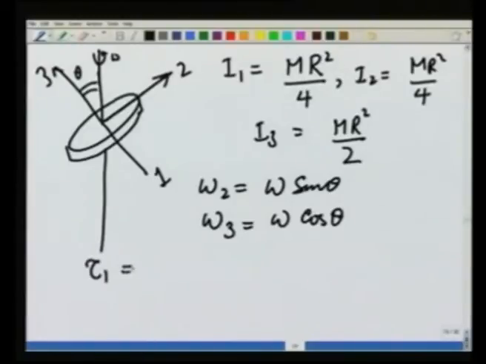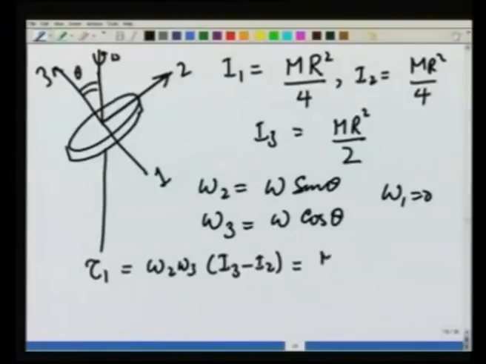If I want to calculate torque, tau 1, omega 1 is obviously 0, so omega 2, omega 3, I3 minus I2 gives me m r square over 4 omega square sin theta cosine theta.